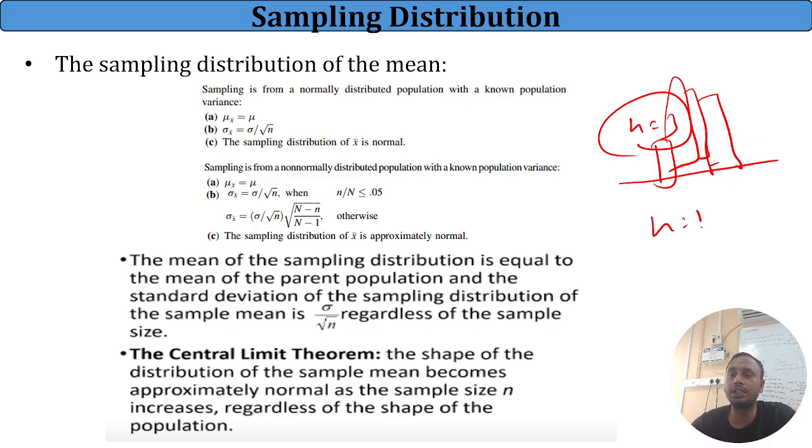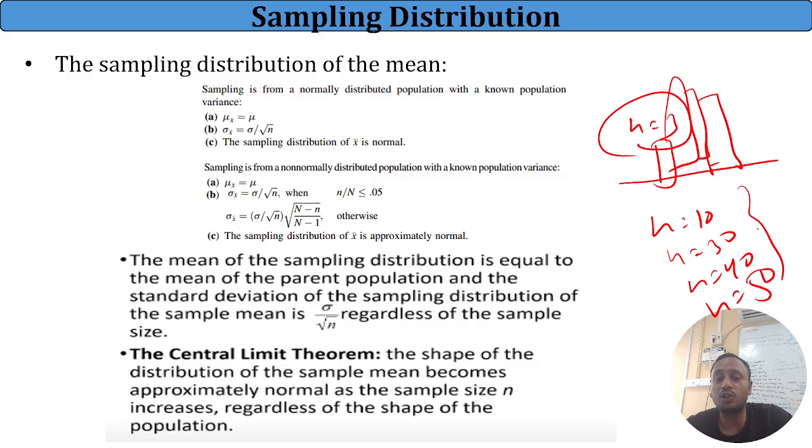If n = 10, it might tend toward normal. Beyond 30, 40, 50, it becomes approximately normal as the sample size increases. So those are the two properties: the mean of the sampling distribution equals the mean of the parent population, and second, the central limit theorem.